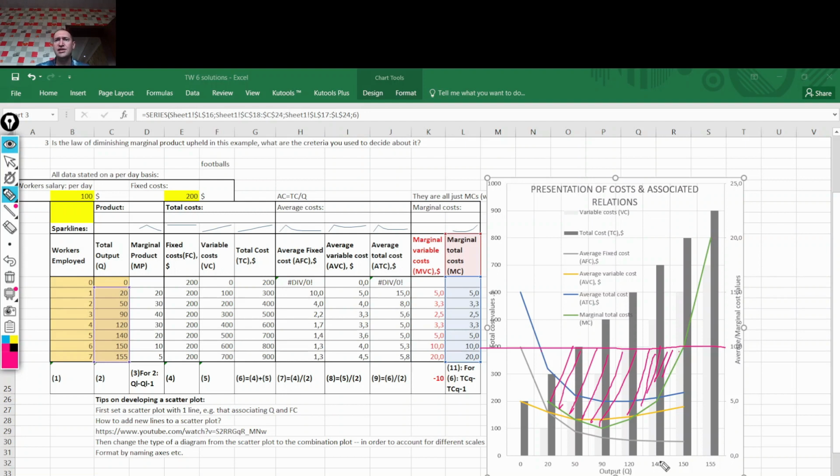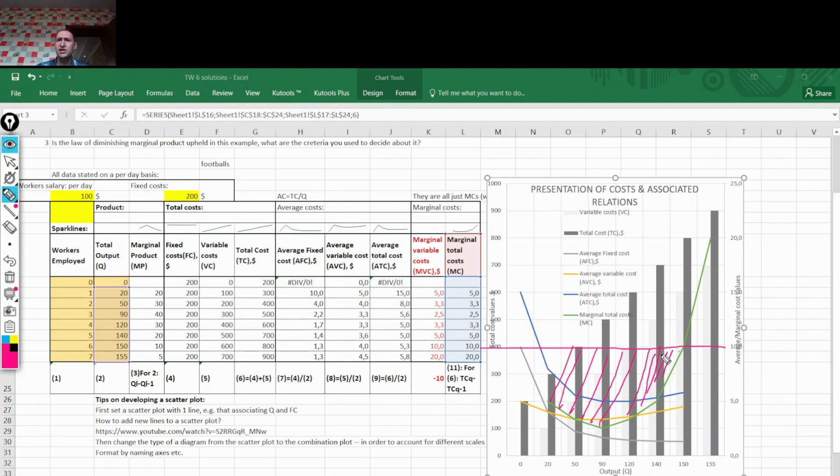Because here at that output of 140 balls, what's happening? Well, now the margins are getting narrower and narrower, because here you're selling the balls at that point, for example, at $10 each, but these additional balls in that range are costing you already $8 to produce, not 4, not 5, but 8.